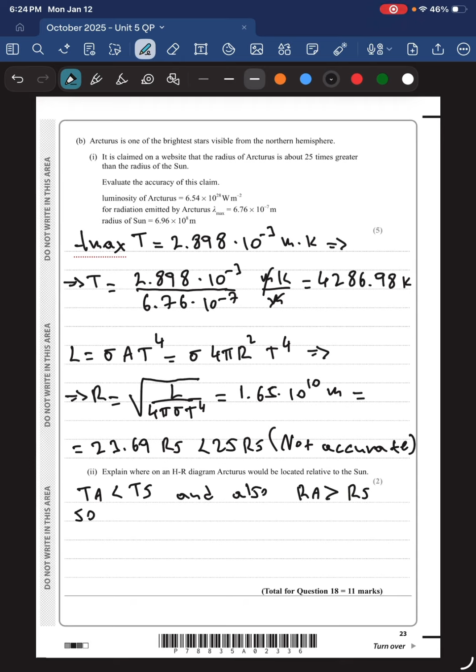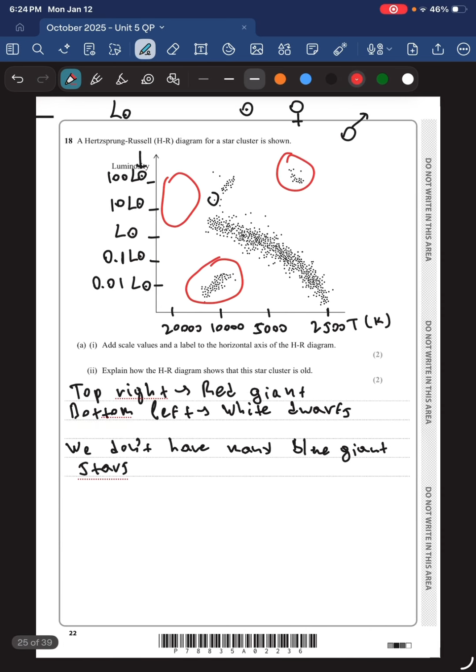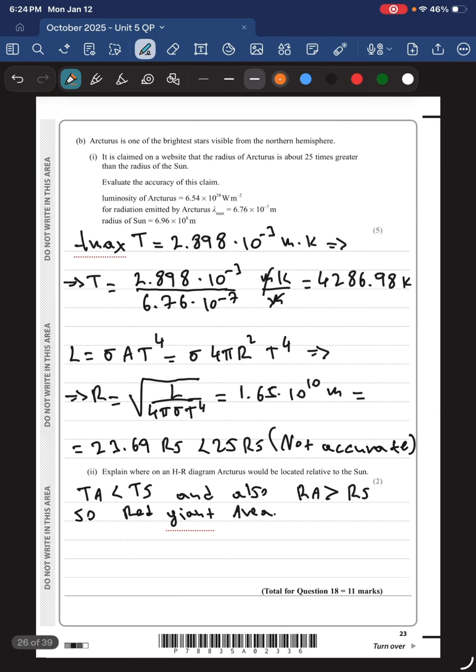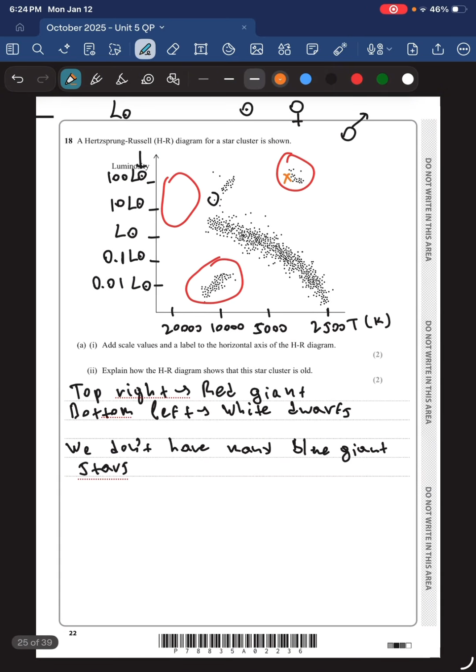So it's probably a red giant. So red giant area. I would say it's somewhere, let's use orange, somewhere here, because also the luminosity is much higher. So this is Arcturus.